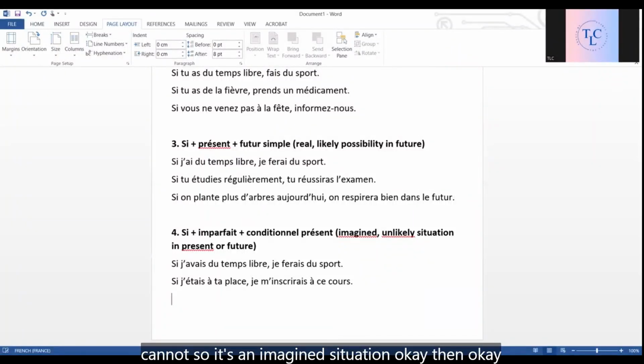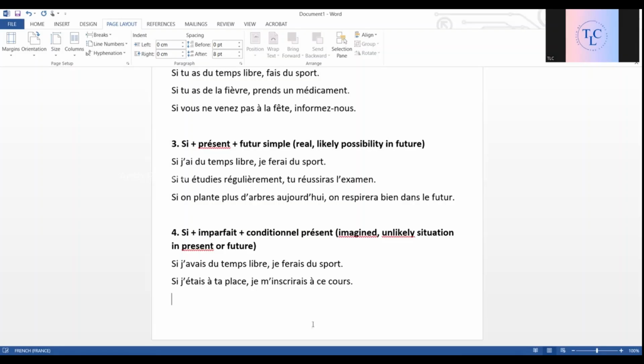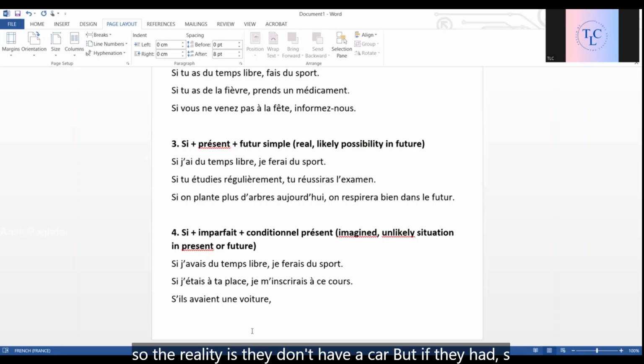Then, s'ils avaient une voiture, ils ne prendraient jamais de transport en commun. The reality is they don't have a car.